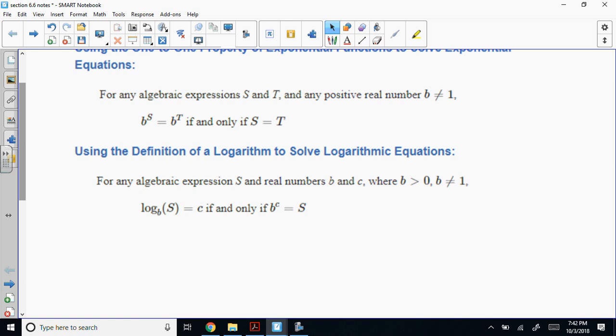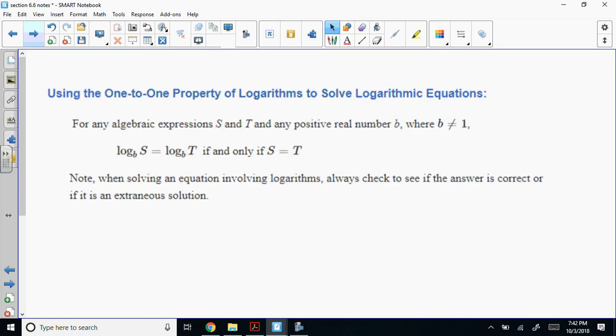I told you exponentials and logs are inverses of one another, right? If you have exponentials with the same bases, you can set their exponents equal. If you have a log with the same bases, then you can set their arguments equal, right? But that's if and only if the bases are the same.